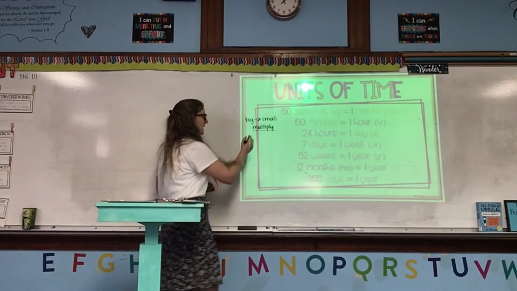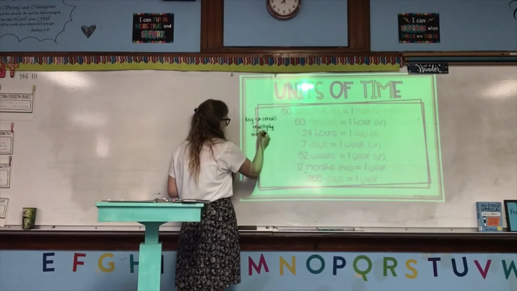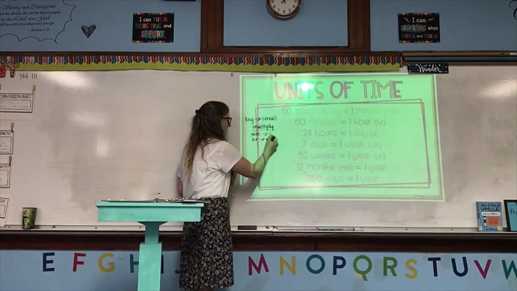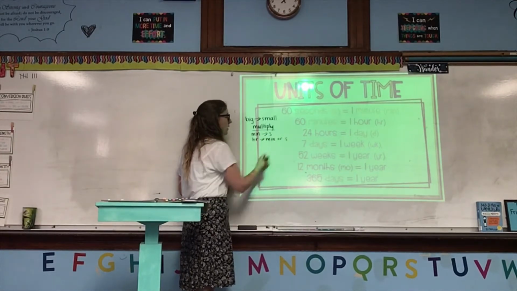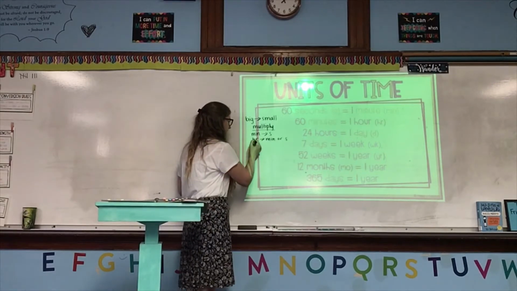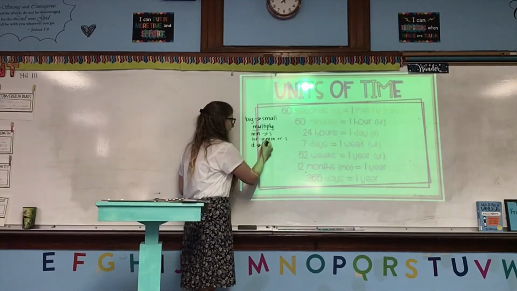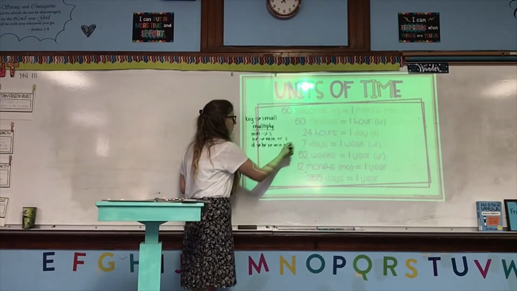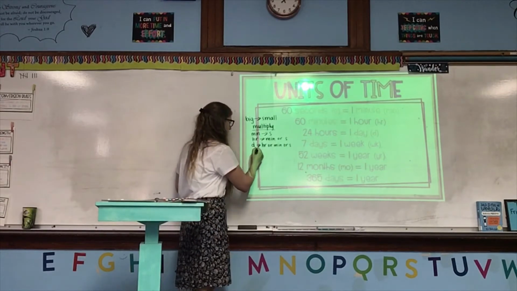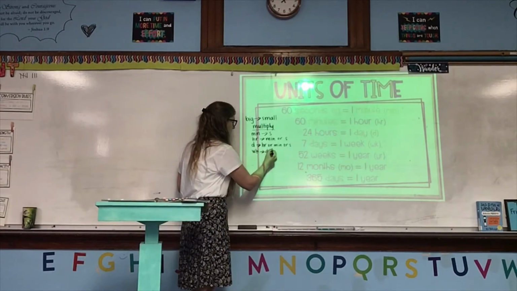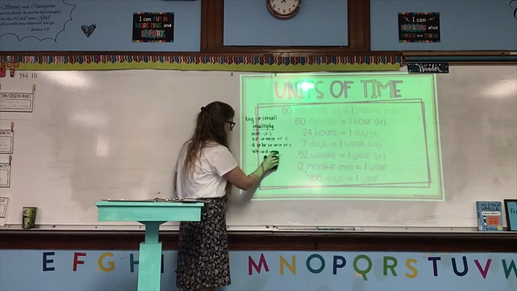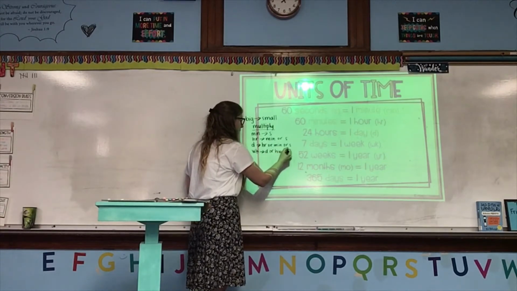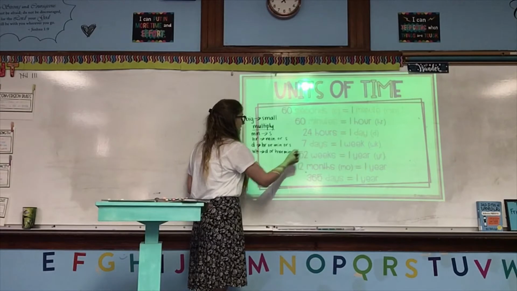So that means if you're going from minutes to seconds, hours to minutes or seconds, days to hours or minutes or seconds, weeks to days, or hours, or minutes or seconds, make sure you're writing this.